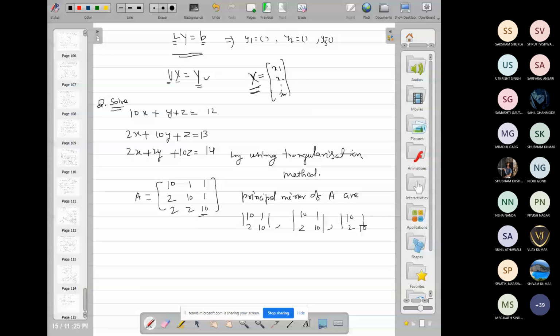So you see here the value of this is not equal to 0. Again this is not equal to 0. This is not equal to 0. So the principal minors of A are all non-zero.